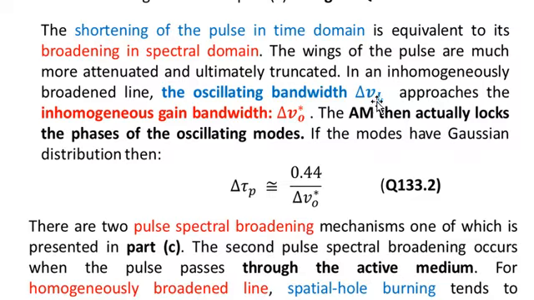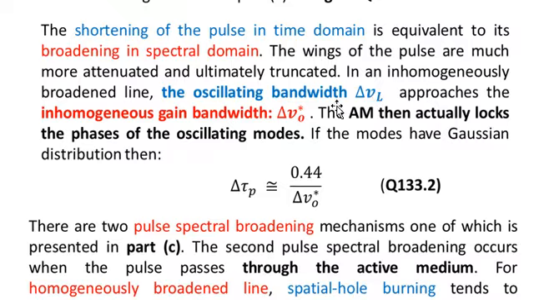So delta nu L is actually the bandwidth of the oscillating modes of the laser, where delta nu is the separation between two consecutive modes of the laser.